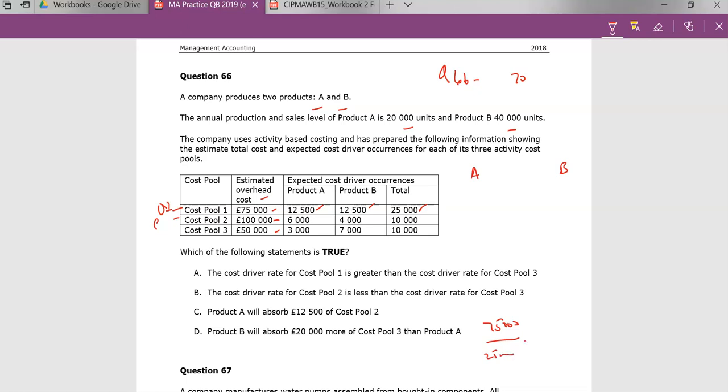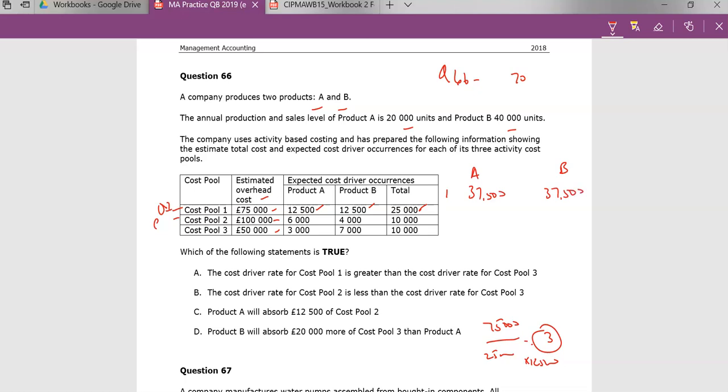So therefore, it is £3 per quality inspection, for example. So for 12,500, you multiply 3 times 12,500. That's the theory. But the key point is I'm splitting this into two, right down the middle. So that's 75,000 divided by 2, and that's 37,500. So for cost pool 1, that's 37,500 and that's 37,500.